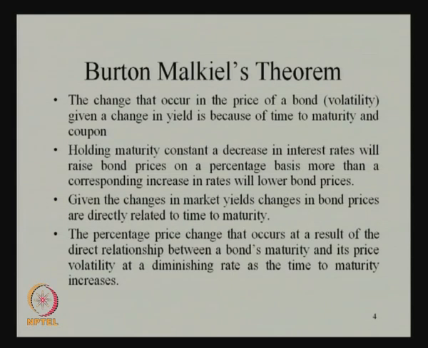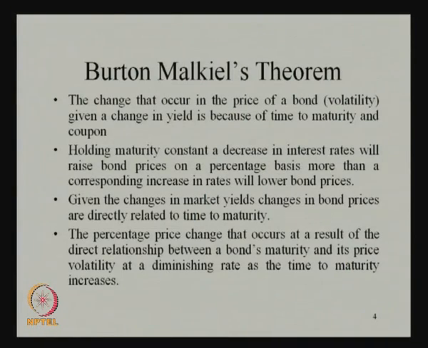In 1962, Malkiel explained these things in theorem form: the different characteristics of bond price volatility and the factors which affect it. Another point is that, holding maturity constant, a decrease in interest rates will raise bond prices on a percentage basis more than a corresponding increase in rates will lower bond prices.